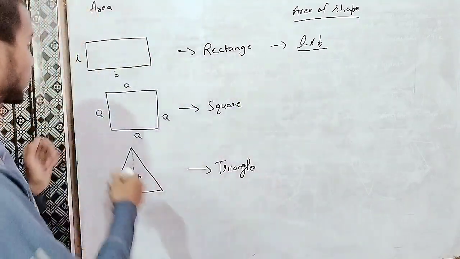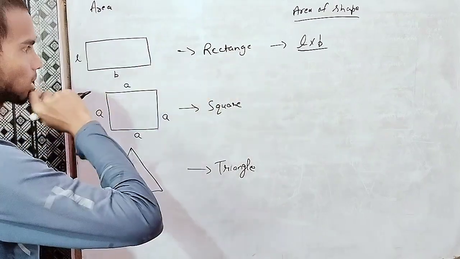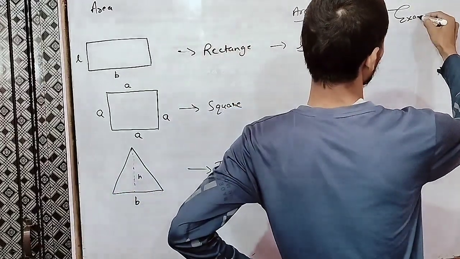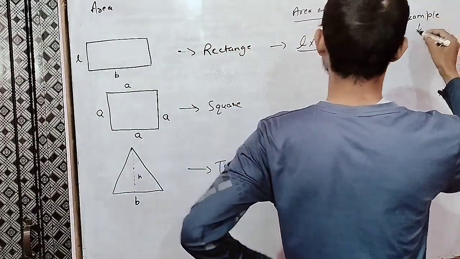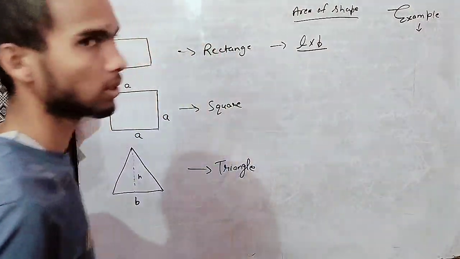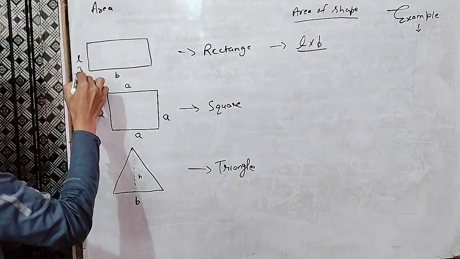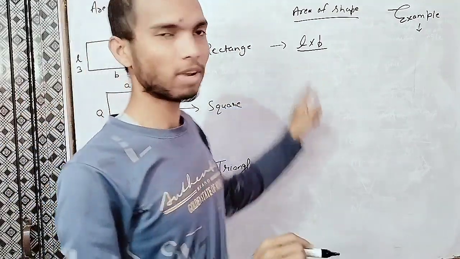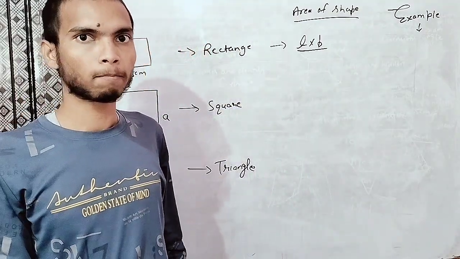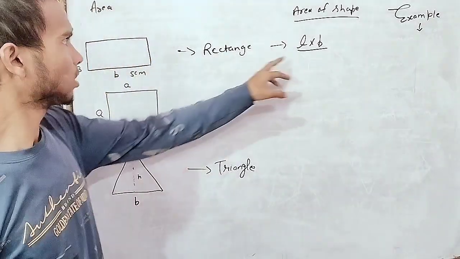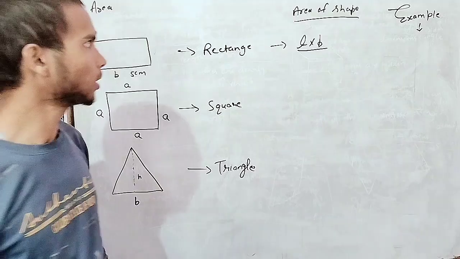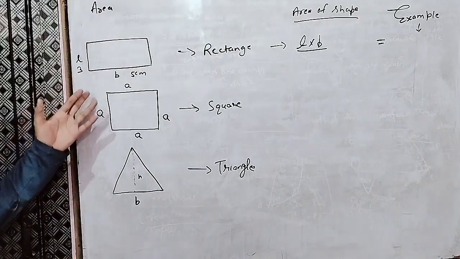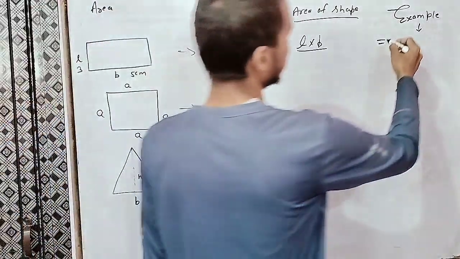For example, this is just an example. Length is 3 centimeter, and breadth is 5 centimeter. Clear? Now we will apply all these values in this formula. How much is the length of this shape? 3 centimeter.